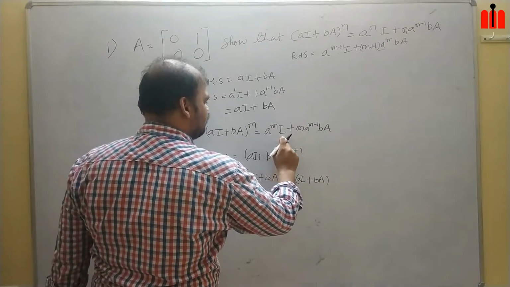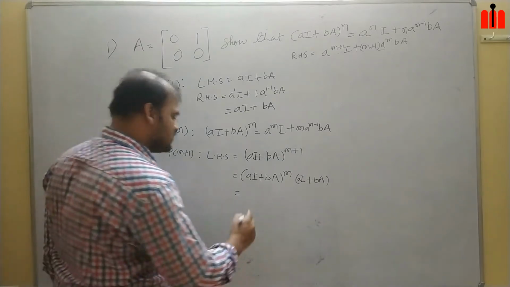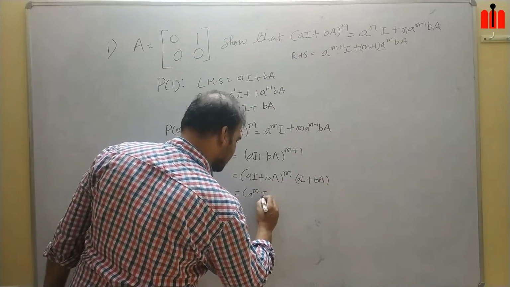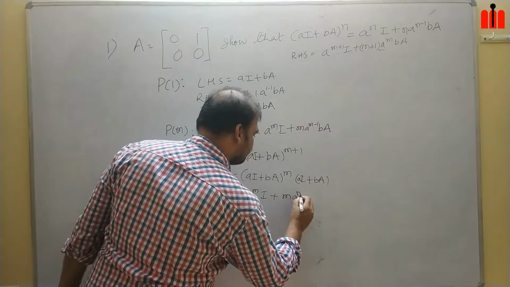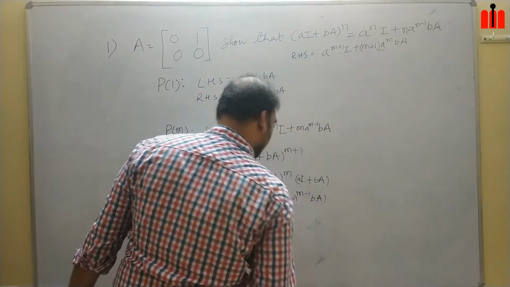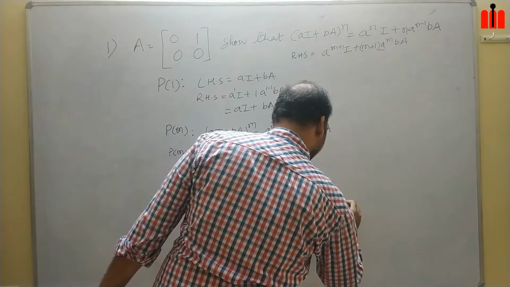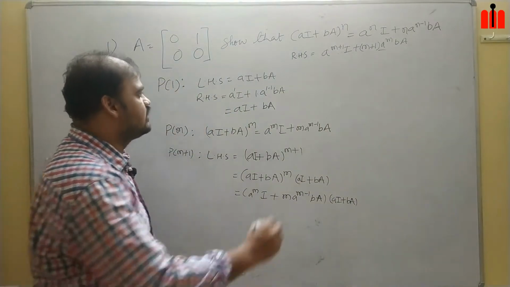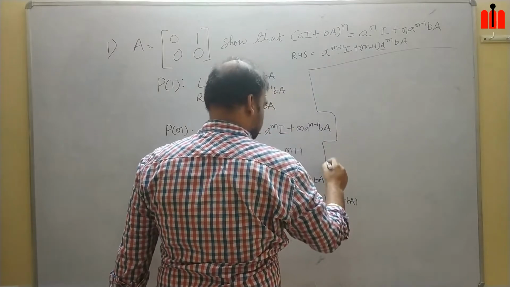It is a^m I + m a^(m-1) bA. So you will substitute that. So it will be (a^m I + m a^(m-1) bA), and here it is (aI + bA).